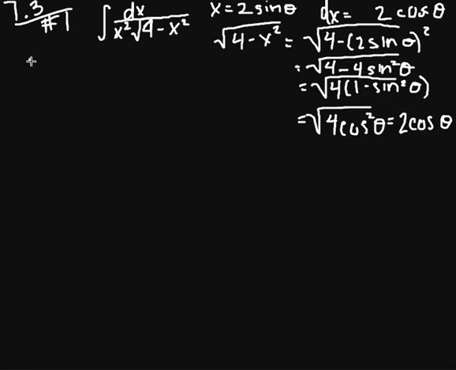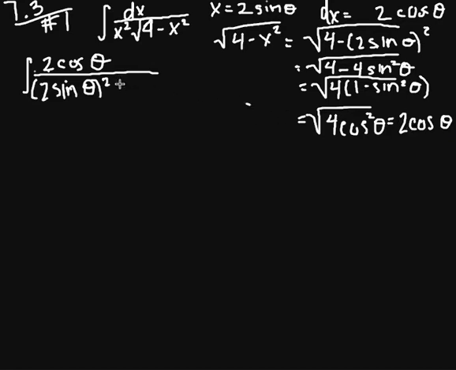So what happens when we plug it in is we get the integral of dx, which we found here to be 2 cosine theta, over x squared, which we can do by just taking that quantity squared, so that's going to be 2 sine of theta squared, times 4 minus x squared, which we solved here and got 2 cosine of theta.